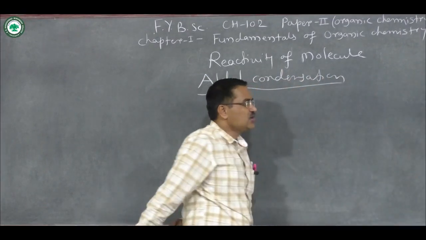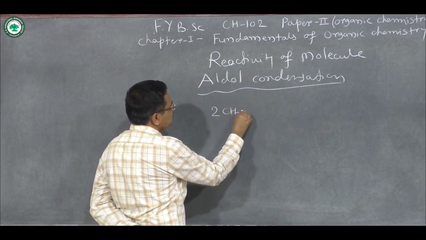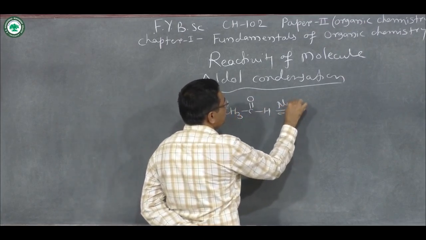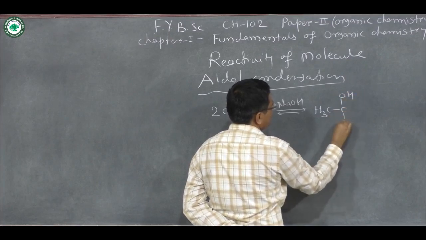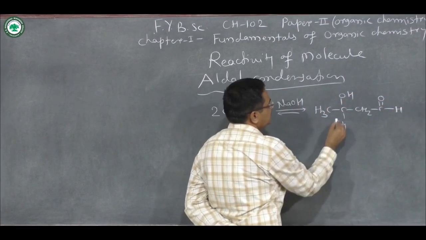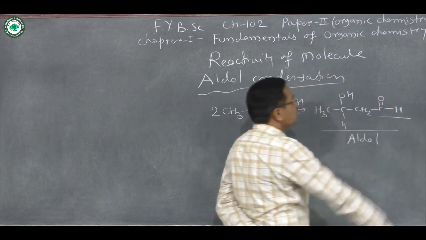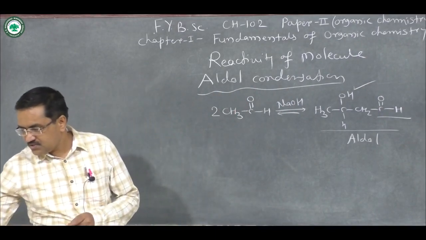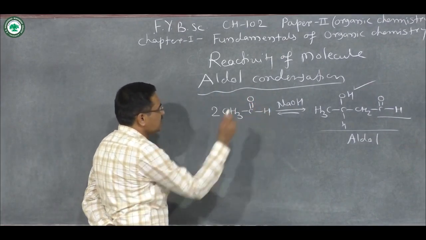Aldol condensation is the reaction of two molecules of aldehyde or ketone in presence of base and gives aldol as the product, because here aldehyde group is present as well as hydroxyl group is also present.